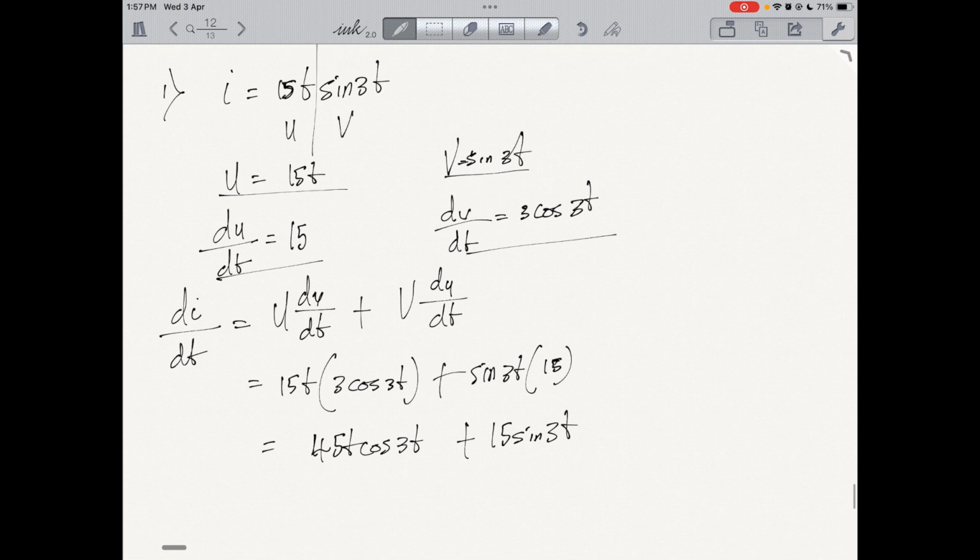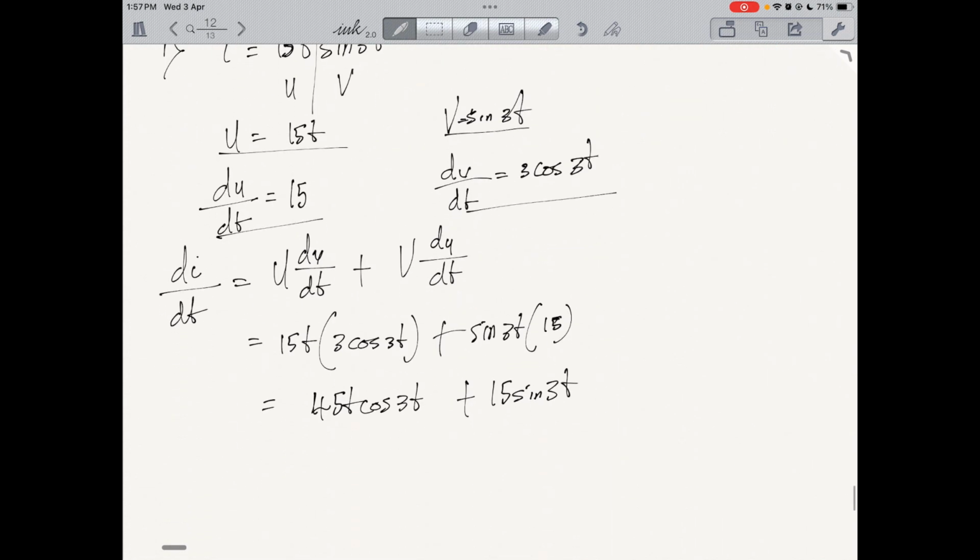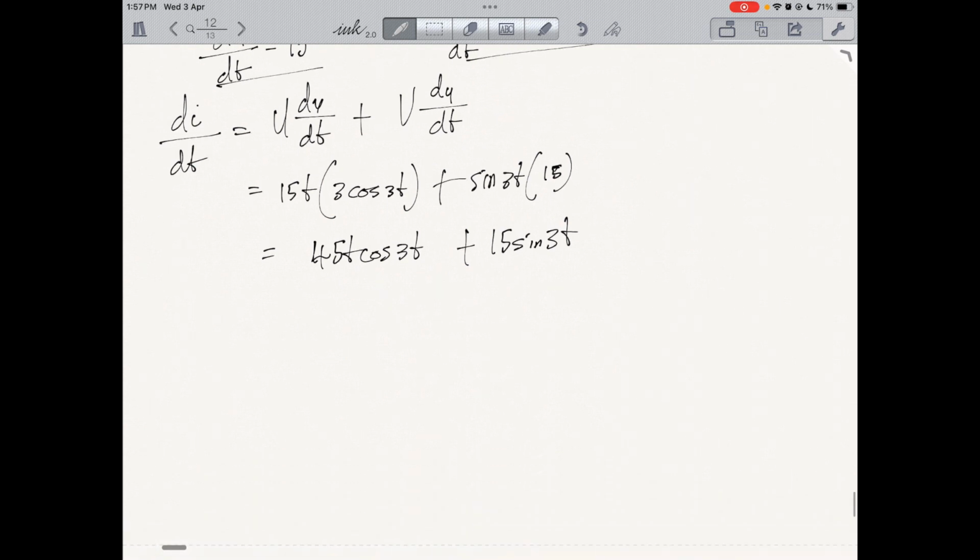Now if you go back to the question, we have evaluated dI/dt. This time we are going to substitute t is equal to 0.1. Therefore, when t is equal to 0.1, dI/dt is equal to 45 cos(3 × 0.1) plus 15 sine(3 × 0.1). So wherever we see t, we substitute 0.1.